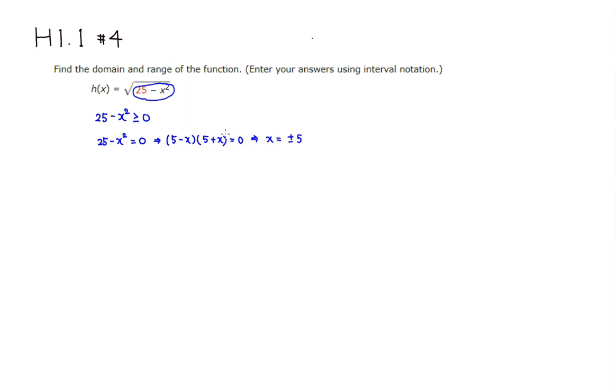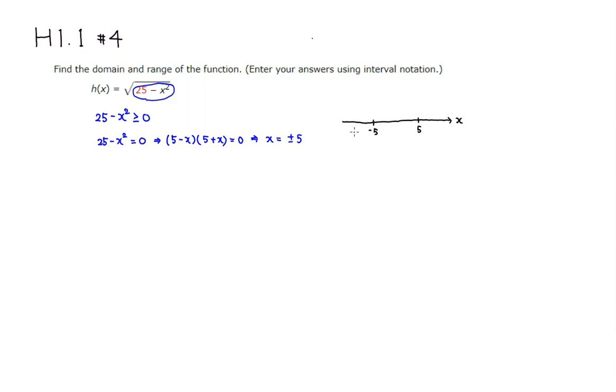So this is equality, but we want inequality. What we can do is draw a simple number line, the x-axis, and put tick marks. Negative 5 should be on the left side and positive 5 on the right side because it's bigger.